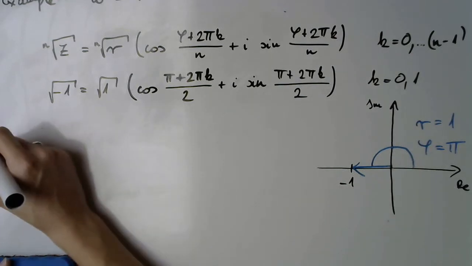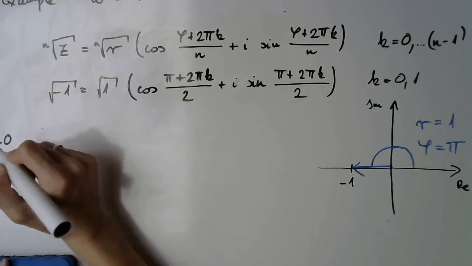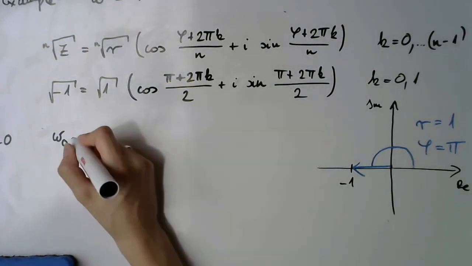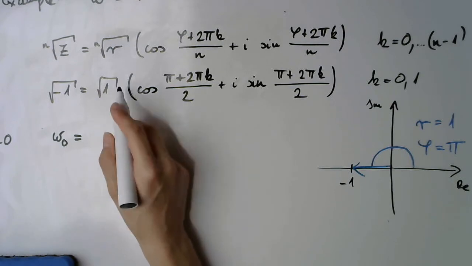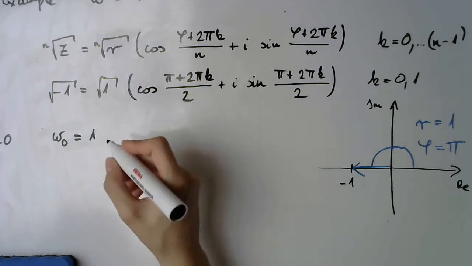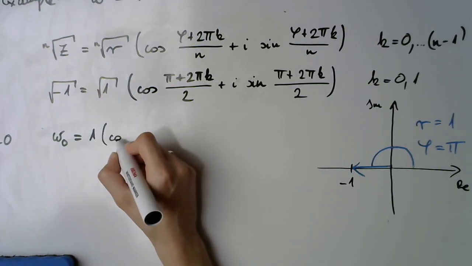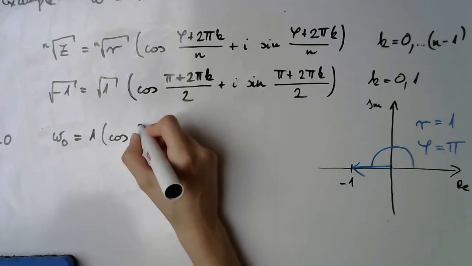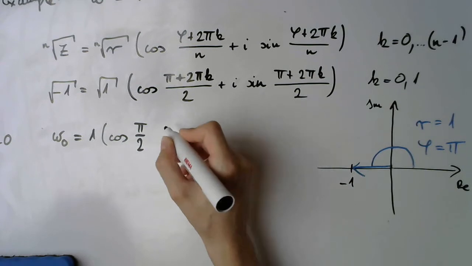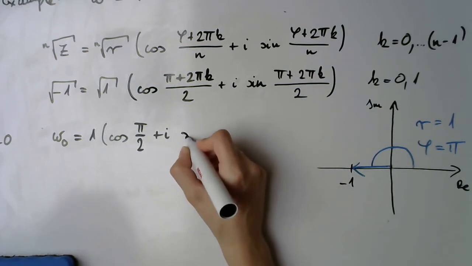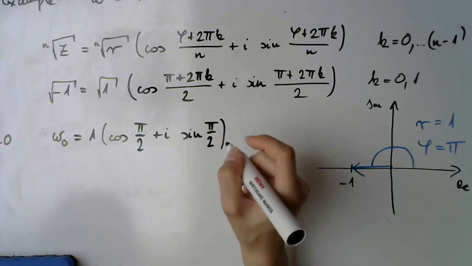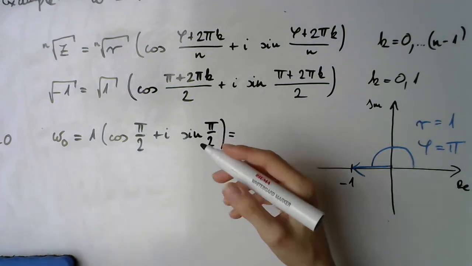The first one is the case of k equals 0. So w0 is the square root of 1, which is 1, times cosine of (pi plus 0) divided by 2, so cosine pi half, plus i times sine pi half, which can be calculated.